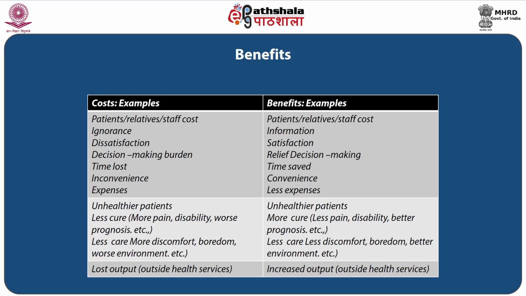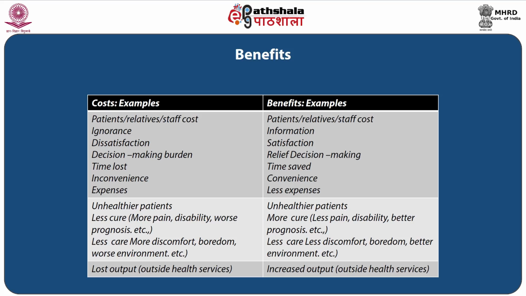Relief from the decision making burden is a benefit. Time lost for the treatment is a cost, time saved is the benefit. Inconvenience caused due to illness is a cost, and expenses incurred due to illness are costs. Similarly, the benefits are convenience because time is not lost, and less expenses.